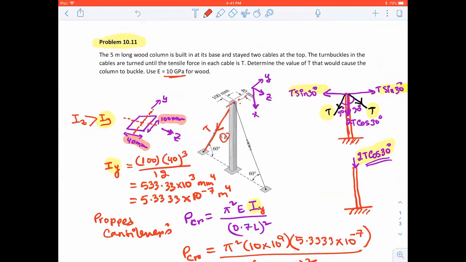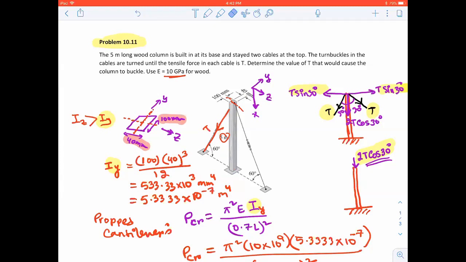But if you consider, so this is your z-axis, and you consider it to be bending in this direction about the z-axis, it is actually bending in the y direction, which is the free direction.